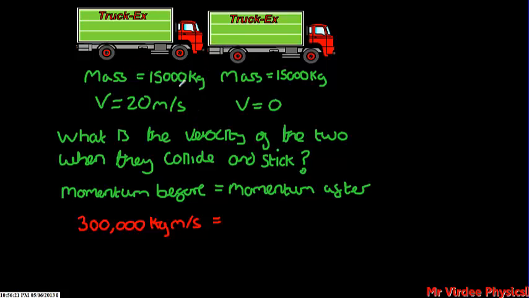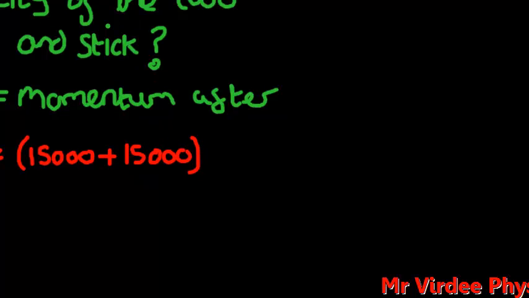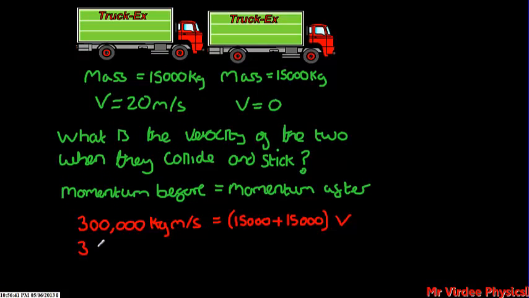So the mass of them together is 1500 plus 1500, times the velocity we want to find, v. Adding them together, we have 300,000 kilogram meters per second equal to 30,000 v.